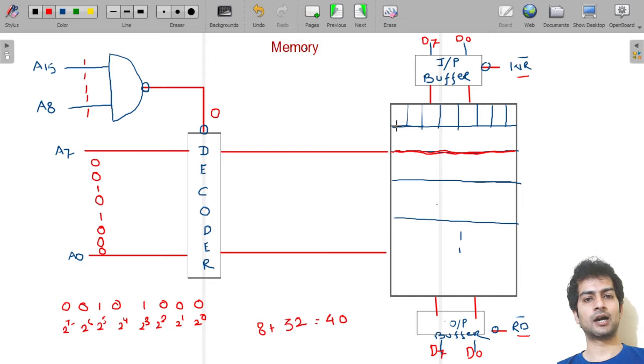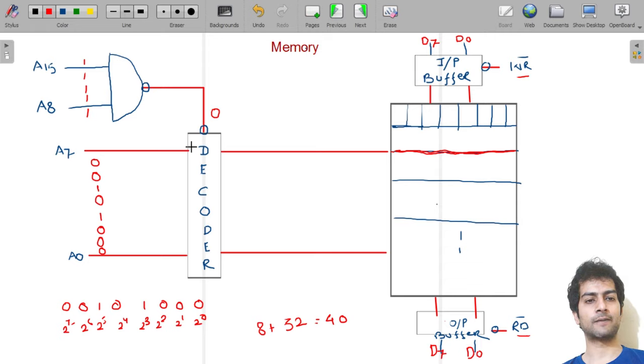So this is the entire working of memory. I told you the working of the higher order address line: it is to energize or de-energize the decoder, and the lower order address line is to select the memory location.